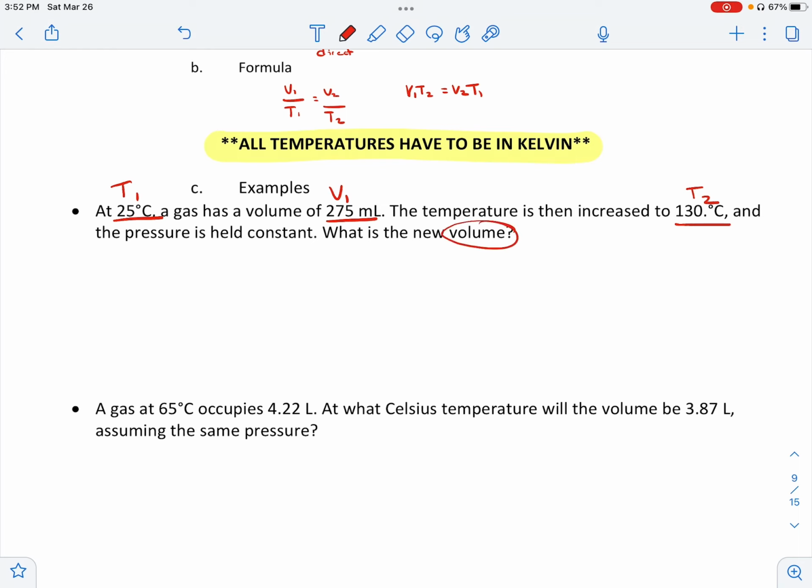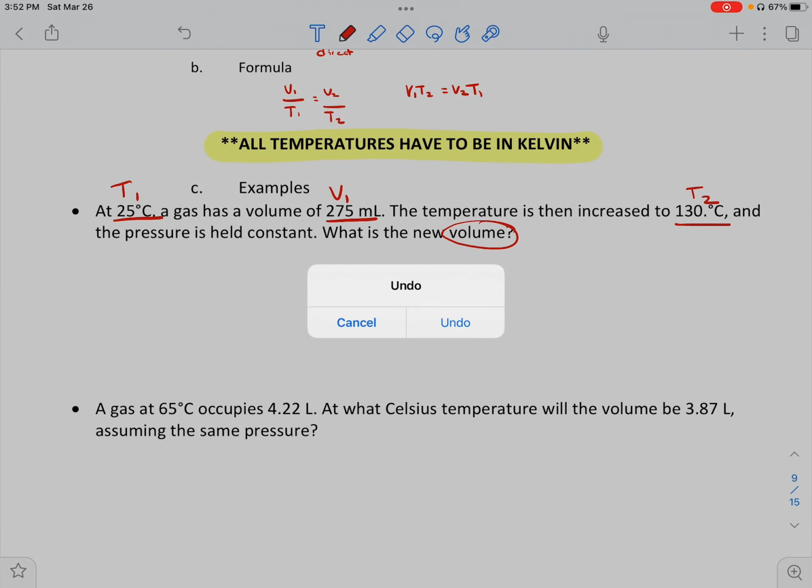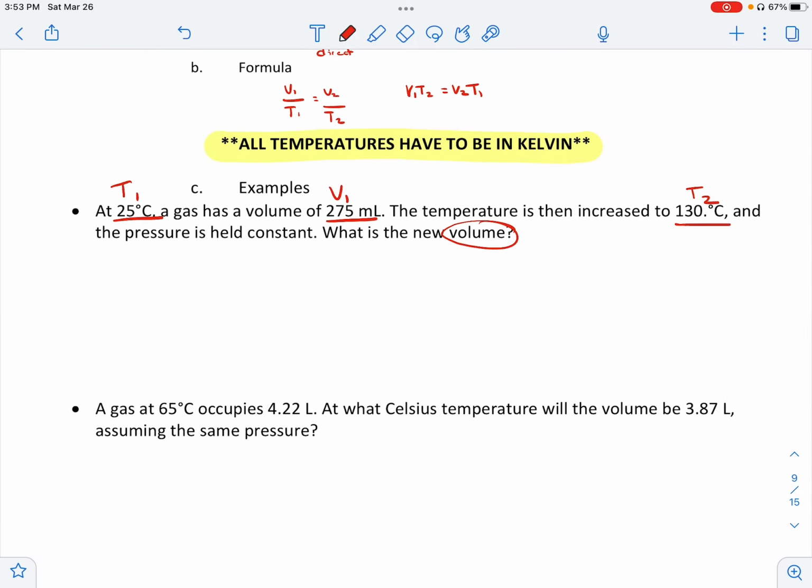So here's my suggestion. Over here on the side, as we're writing stuff down, we've got V1, which we know is 275. T1 is 25 degrees C, so let's put that into Kelvin by adding 273.15 to it, so our work is already done.